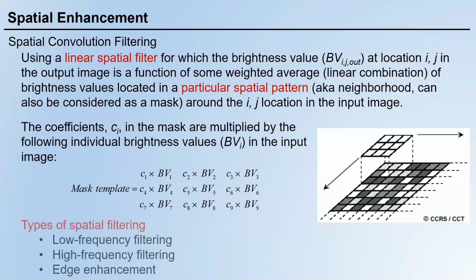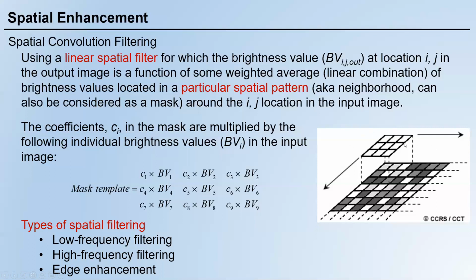Okay. So there are types of spatial filtering. They are all based on this frame. What frame? This window filtering frame. No matter what kind of spatial filtering you're going to use, this is the framework.